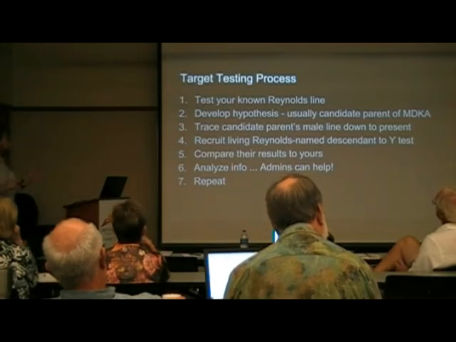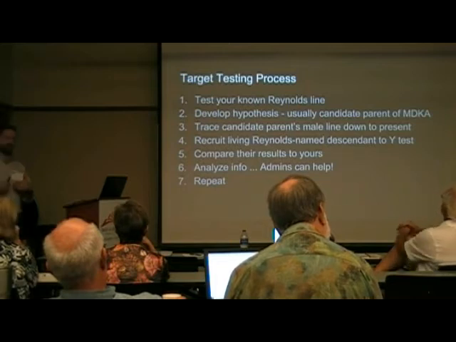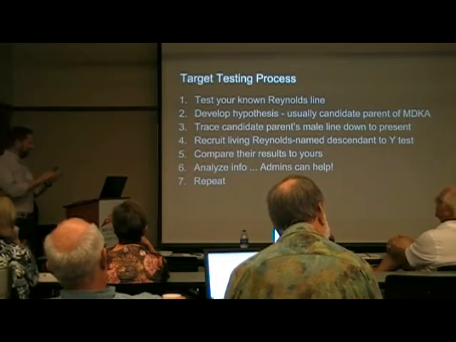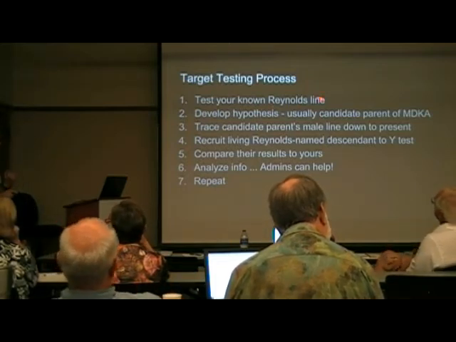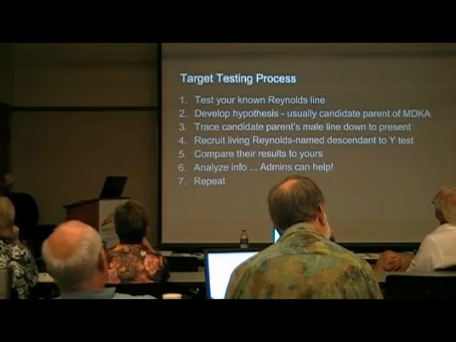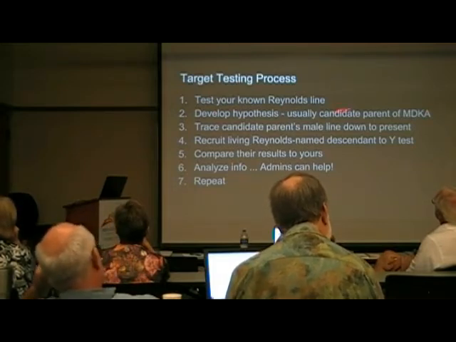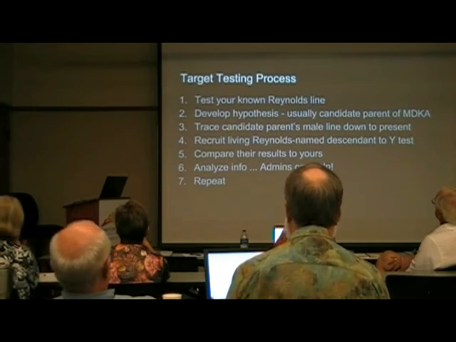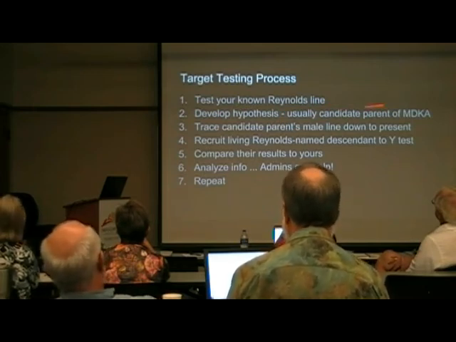So, in a general sense, the process for targeted testing goes something like this. You test your own line, so you have full confidence in your baseline. Okay? Then you develop a hypothesis. It could be something like, Isaac is the father of my most distant known ancestor, Joseph.